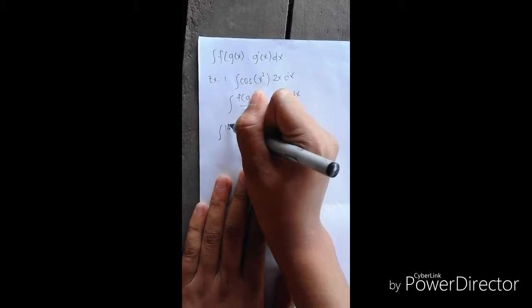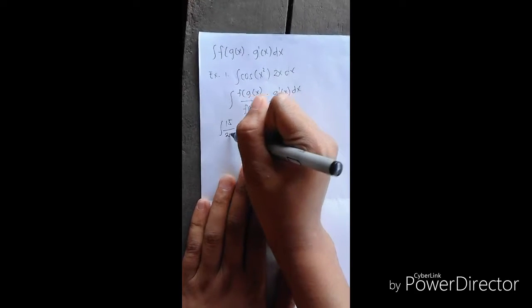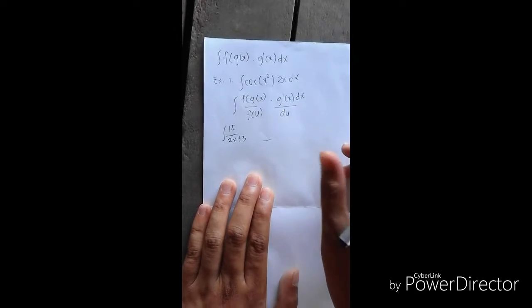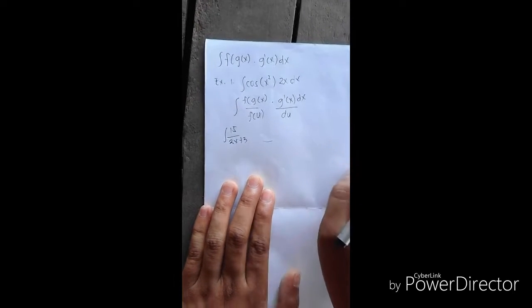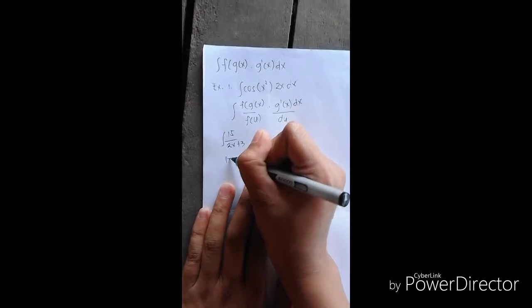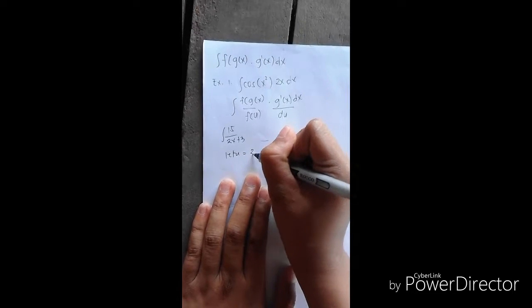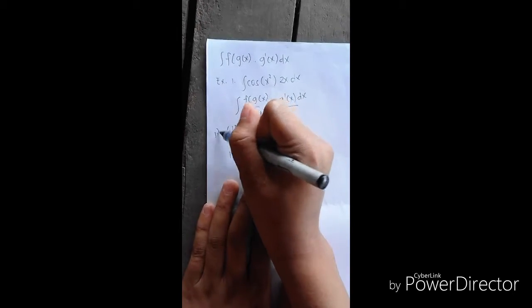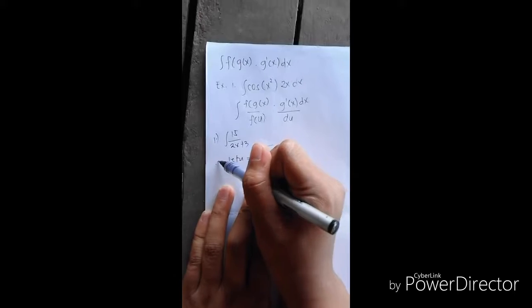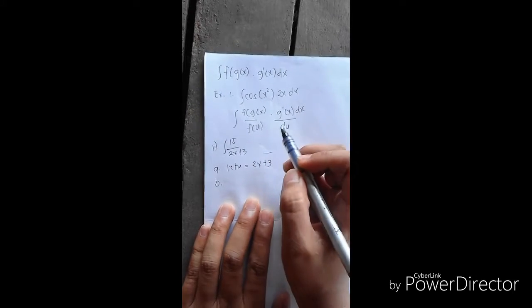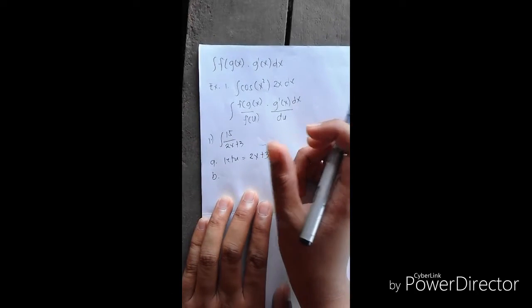The antiderivative of 15 over 2x plus 3. As we have said a while ago, step 1 is choose a new variable u. So we choose the complicated one. Let u be equal to 2x plus 3. This is our first step. And our second step is to determine the value of dx.